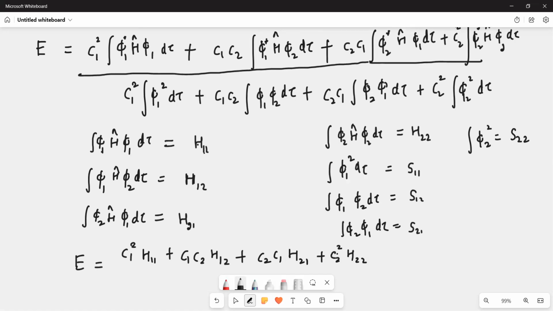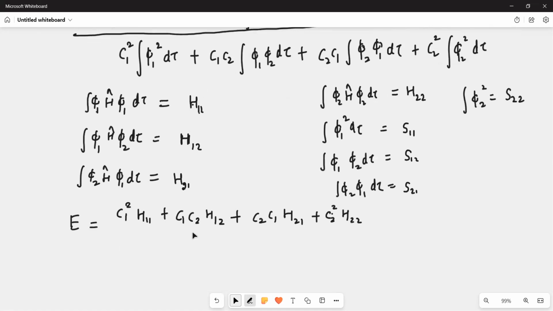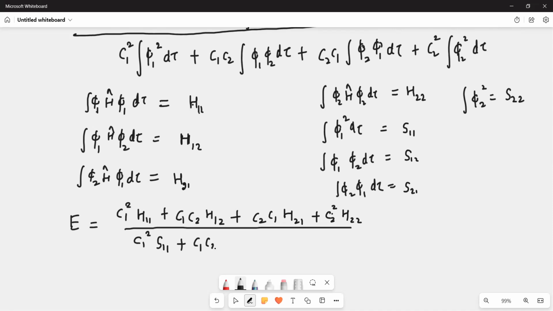Okay, then divided by C1 square. First integral in the denominator is given the nomenclature S11, plus C1 C2 S12, then C2 C1 S21, then C2 square S22. So these are the nomenclatures which are given to these integrals.